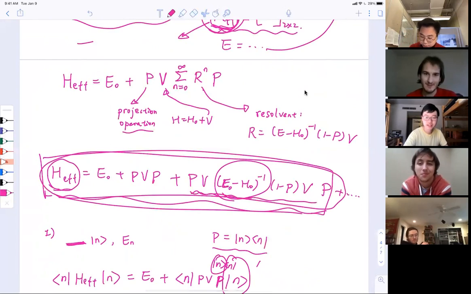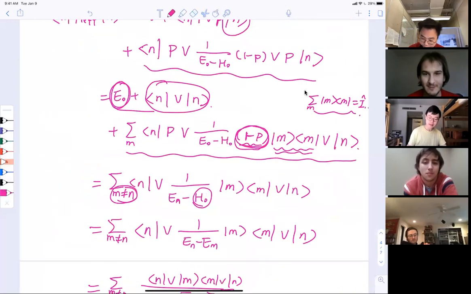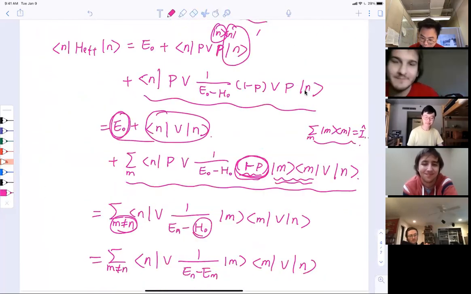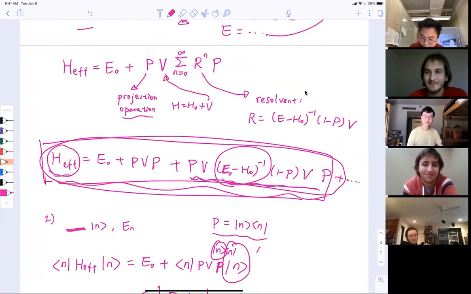Yeah, it looks very similar to what you have in the perturbation expression, right? You can see there are some E minus H and so on.